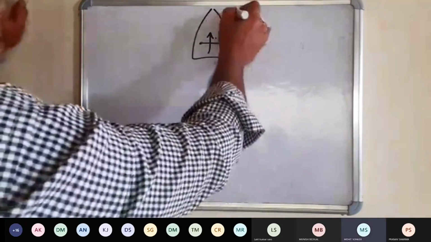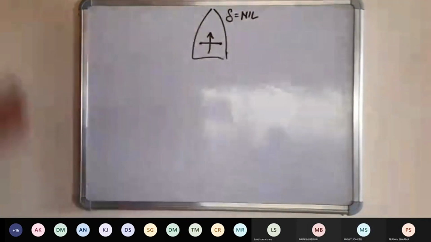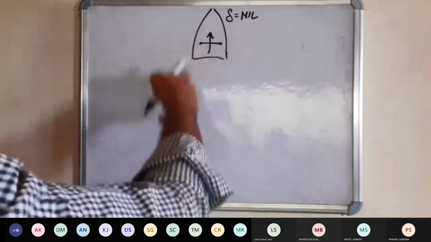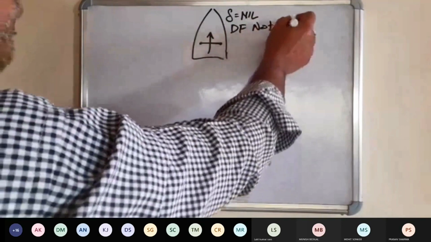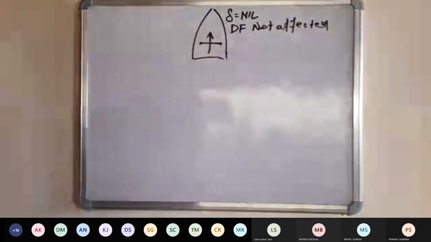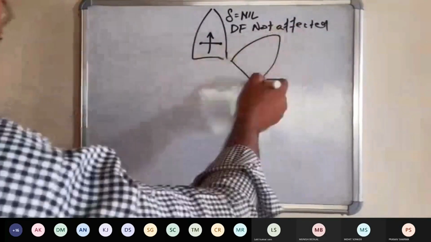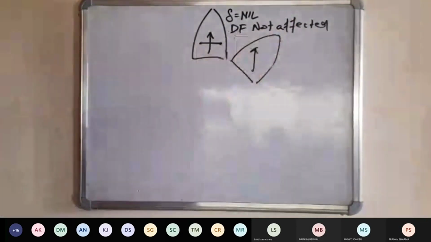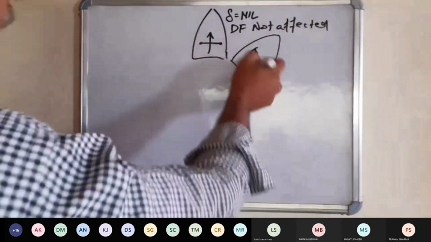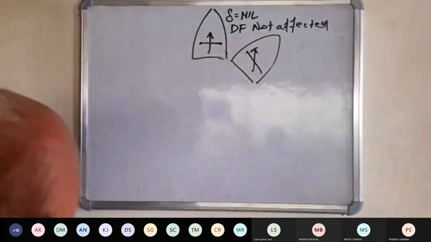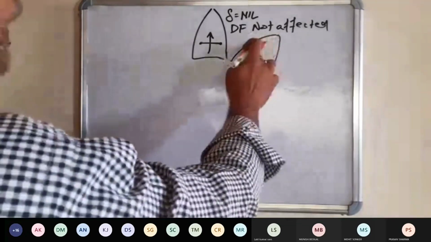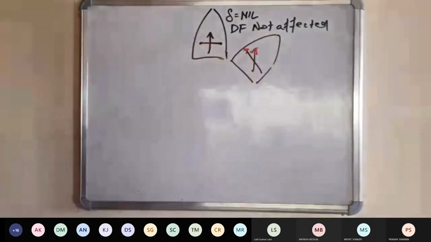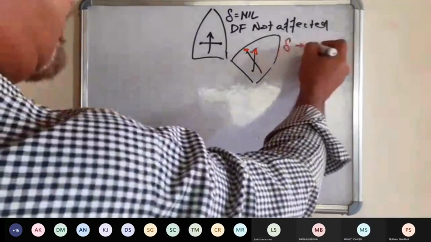That means deviation is nil. And DF also is going to be not affected. But when we are going on this course, the compass like this, a slight bit of red will be developed here, and there is a red already on the compass. So what kind of deviation? Easterly deviation? Very good. So this is easterly.